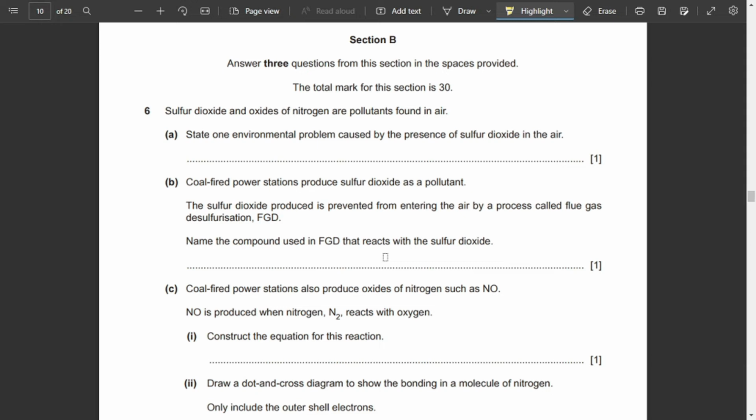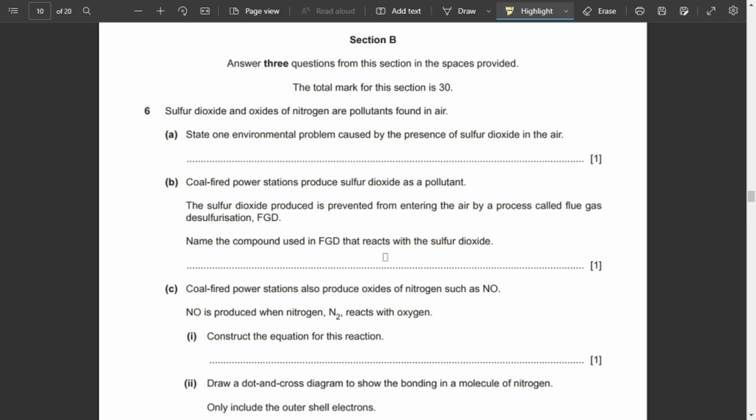Moving on to part B, also about sulfur dioxide, since it's a one mark, you do not need to write a lot about how it affects the environment. However, I'll give you a brief background since we are talking about it. Sulfur dioxide reacts with the oxygen and the water in the environment, which happens when rain is taking place.